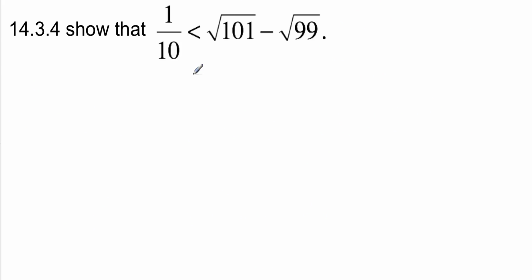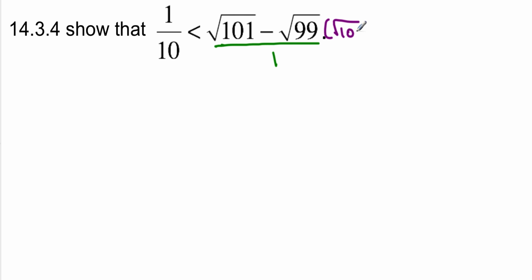Number 14.3.4. Show that 1 over 10 is less than this expression. How are we going to do that? Because the denominator is 10 in the fraction, what if I put it over 1? Then instead of multiplying top and bottom by the conjugate of the denominator, what if we multiply top and bottom by the conjugate of the numerator?